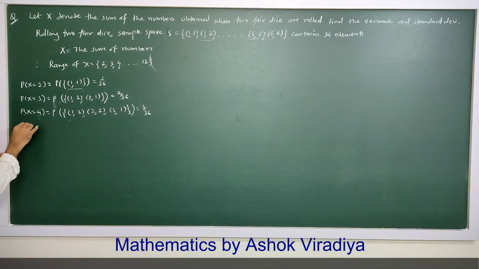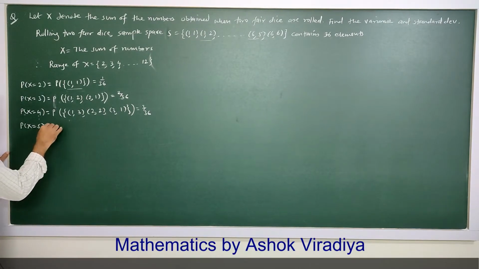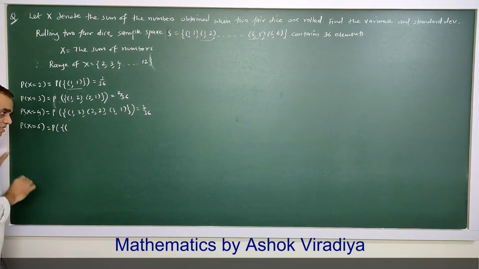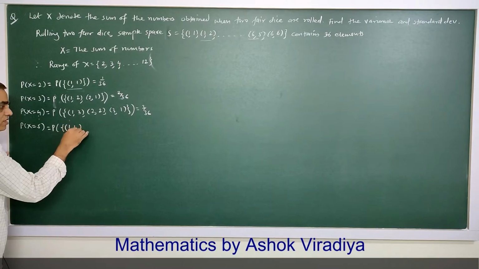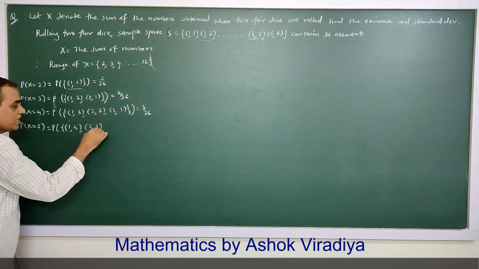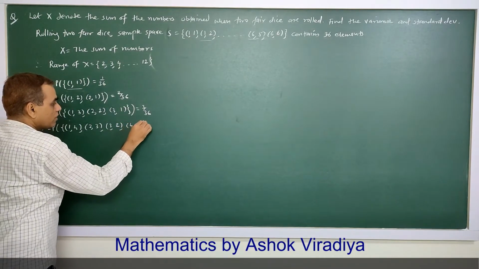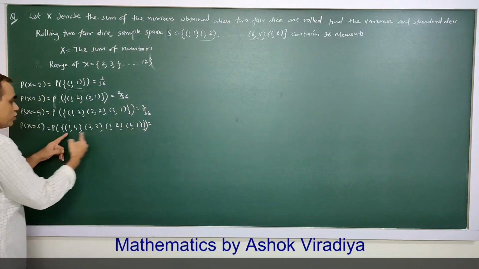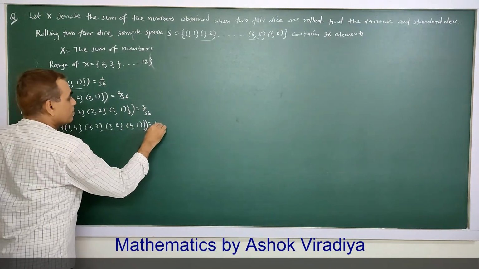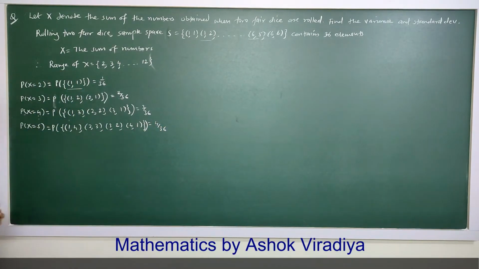Probability that x takes value 5. So the probability of the event 1 4, 2 3, 3 2, 4 1. So the probability of this event is 4 by 36. Probability that x takes value 6.